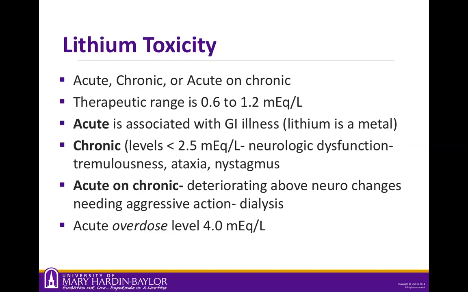And then again, acute on chronic is all that but worse, with neuro changes of less responsiveness. And luckily it does dialyze out, so they do need to get dialysis as emergent treatment. And it is considered acute overdose if they have a level of 4 or higher.